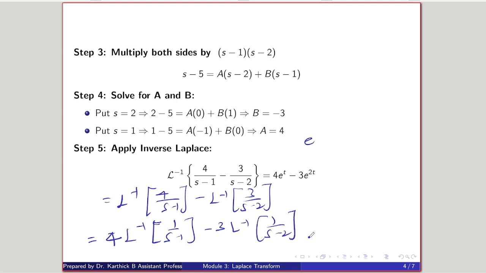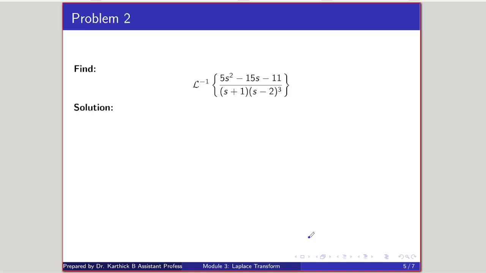We already know that the Laplace of e power at is 1 by s minus a. So the Laplace inverse of 1 by s minus 1 will be e power t, so 4 into e power t. Similarly, for s minus 2 it will be e power 2t. So this will be the final answer.